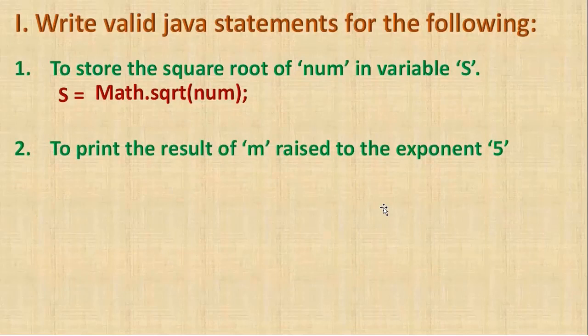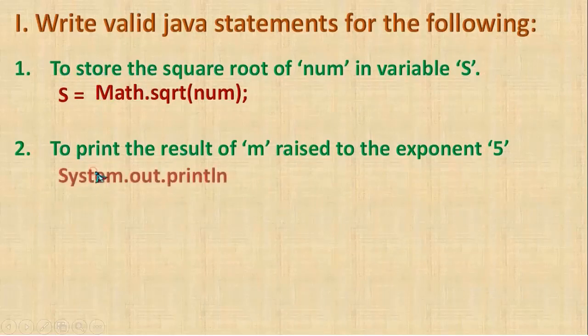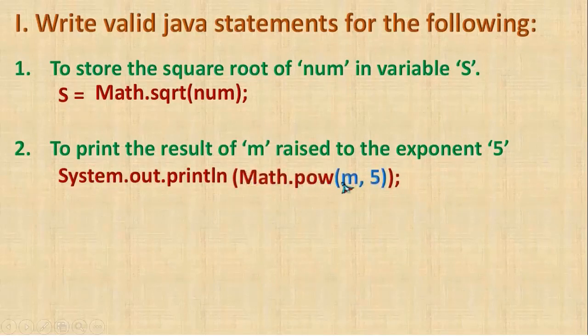To print the result of m raised to the exponent 5. So here base is m and the exponent is 5. So we have to take care of this statement also, that is print. We should be very careful while reading the question. Here it is to store, here it is to print. So we will write the printing statement and then Math.pow(m, 5).